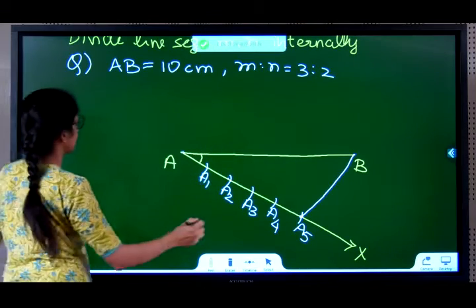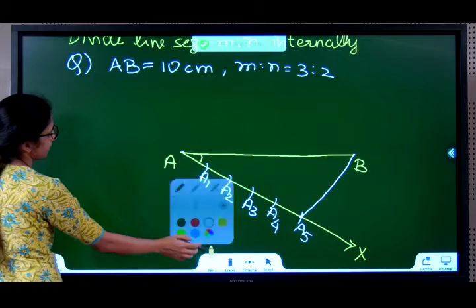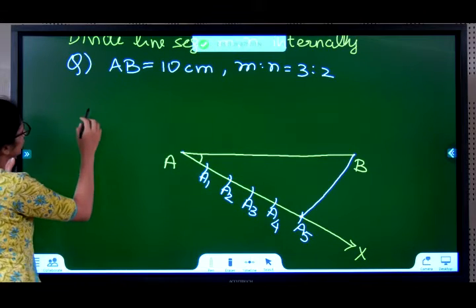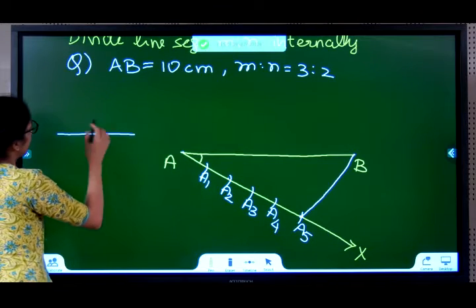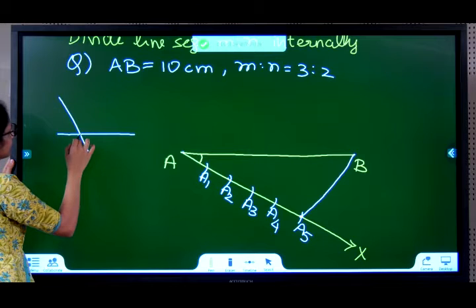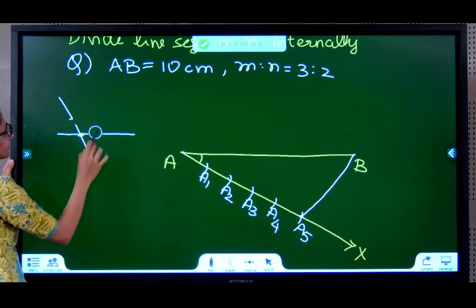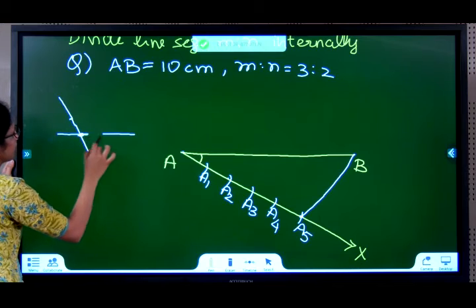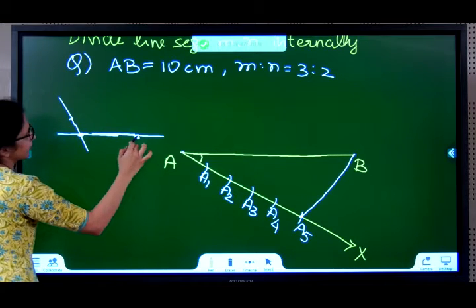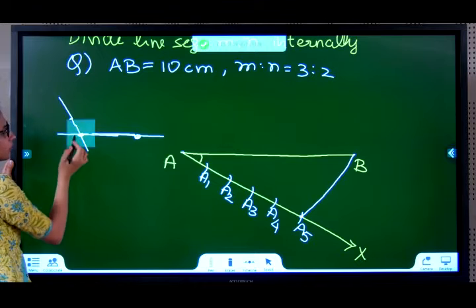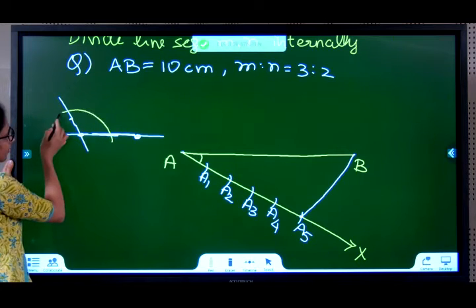So before we do this, let's have some small recap on how do we construct the same angle. Look here. Let us say this is an angle. I want to construct the same angle at this point. So how do we do that? Keep your compass here at an arc.